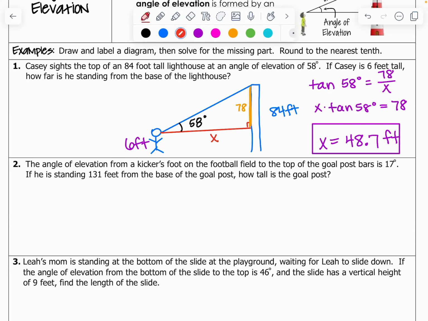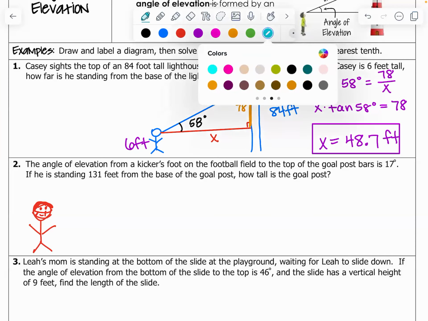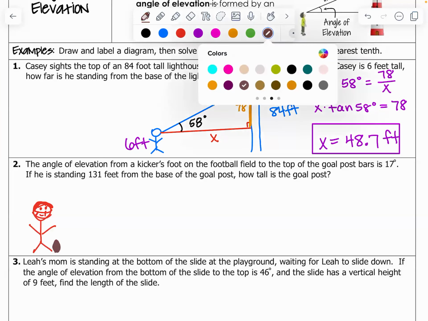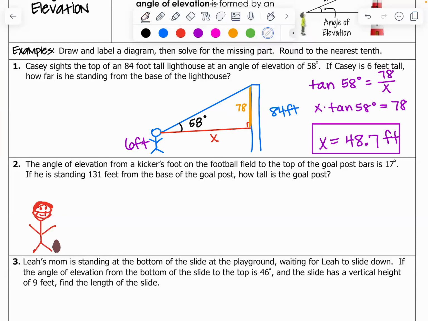We'll make a Husker kicker here. A goalpost. I think I did it right.